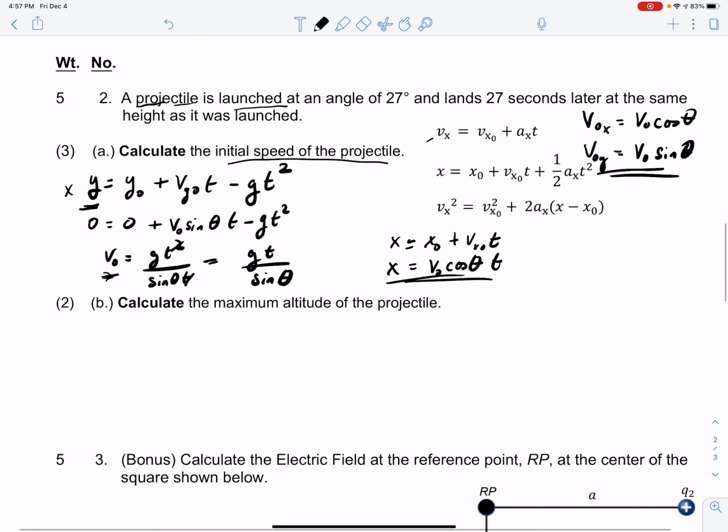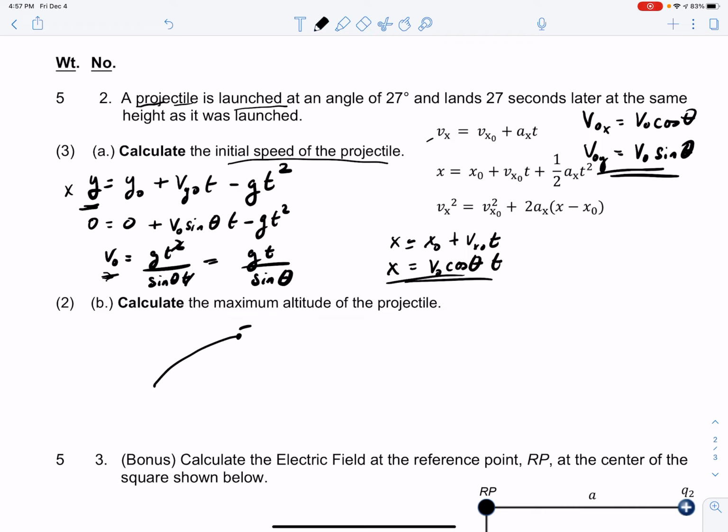Then it says calculate the maximum altitude of the projectile. So as the projectile is traveling, it hits its maximum altitude. At the maximum altitude, once we get to the top, it's not Vf equals 0.